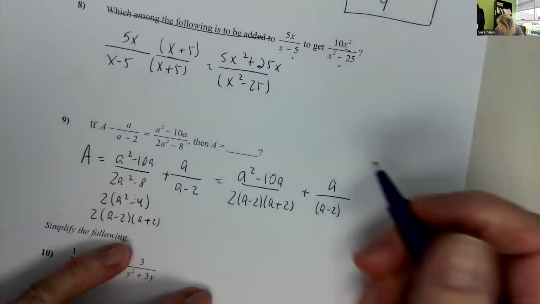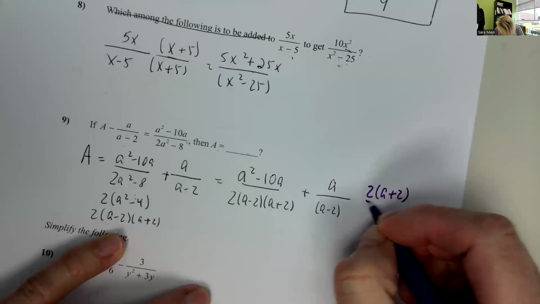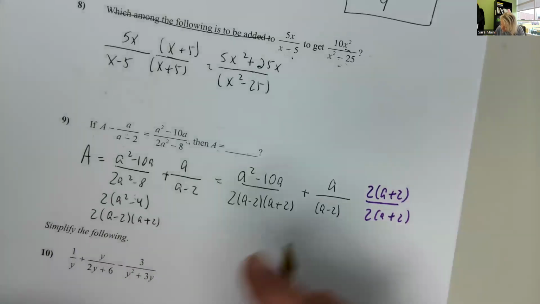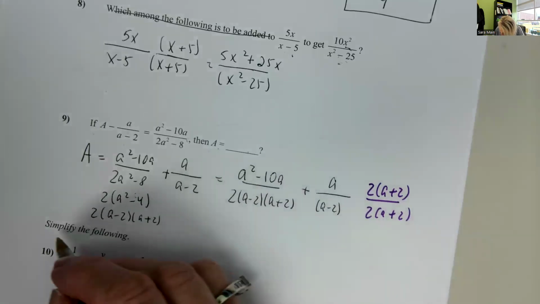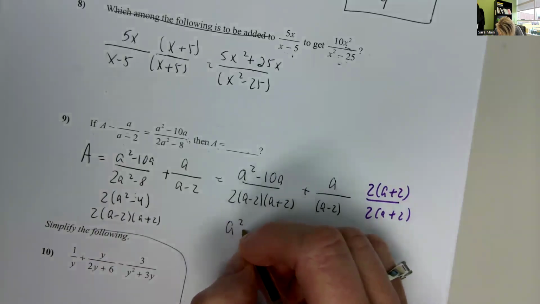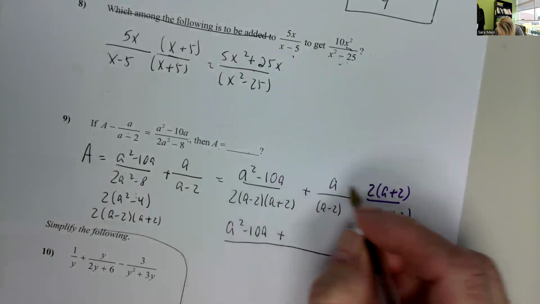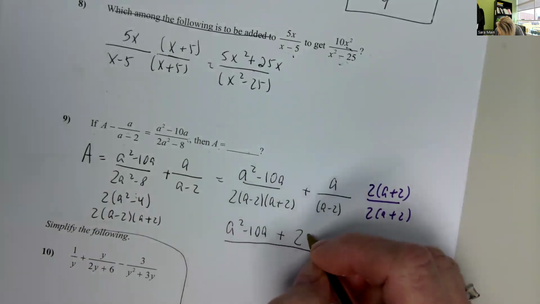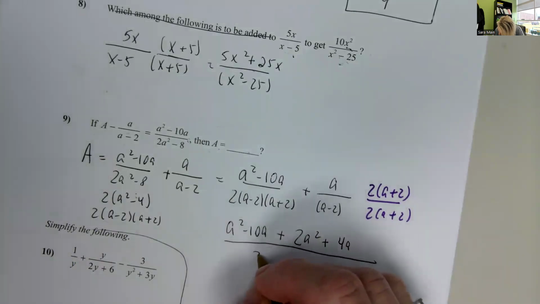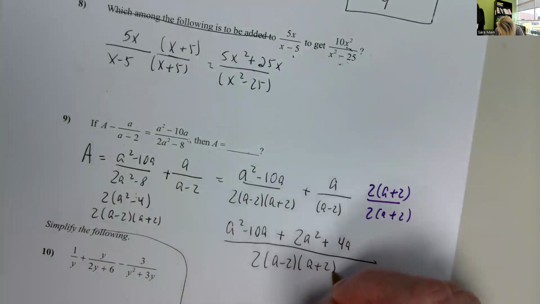So we need to multiply what's missing, which is 2 and an a plus 2 over 2, a plus 2. So we have a squared minus 10a plus, I'm going to multiply this through, 2a squared plus 4a all over 2(a minus 2)(a plus 2).